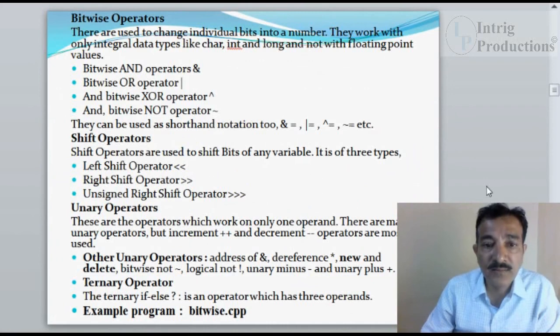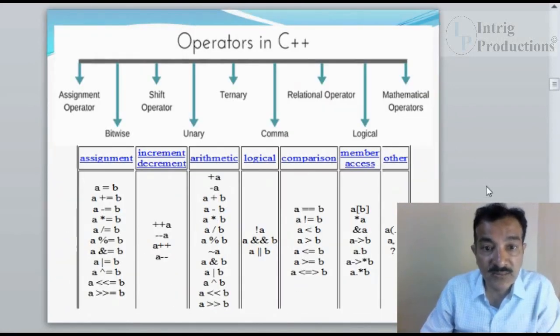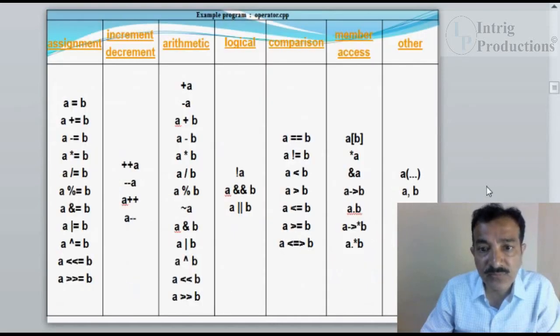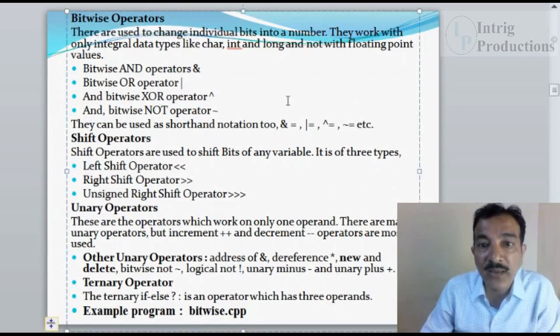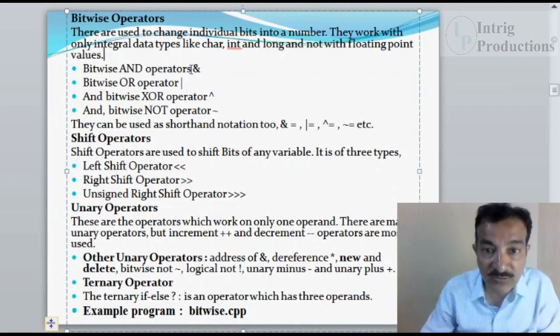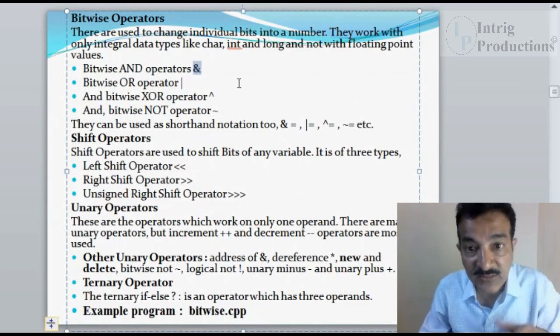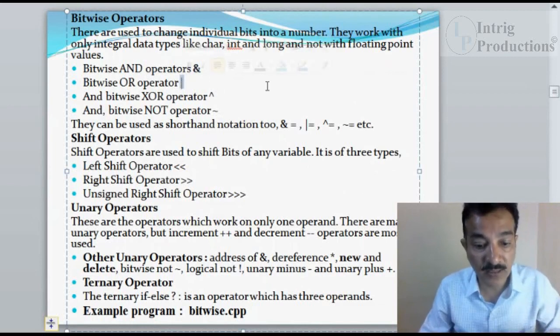So these are some of the operators, like assignment operator, bitwise operator. You have seen many of these operators, but now I will show you some bitwise operations. The bitwise operators are used when you are manipulating the bits. If you want to do bitwise AND, you have to use the ampersand.